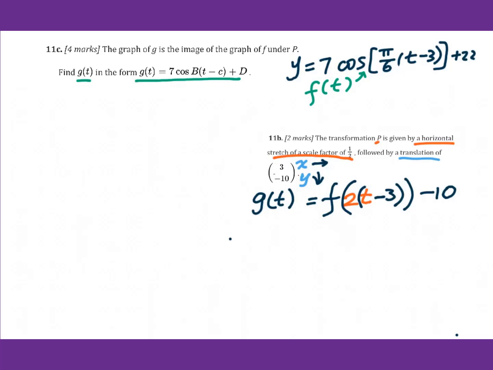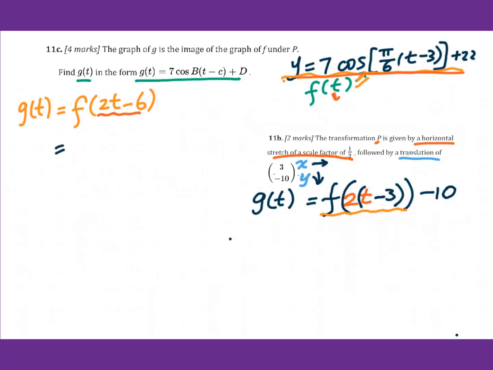So we will plug in this f of 2t minus 6. This will be g of t. You need to plug into this function. This is a f of t equals. So every single t, you got to change into 2t minus 6 for this function.